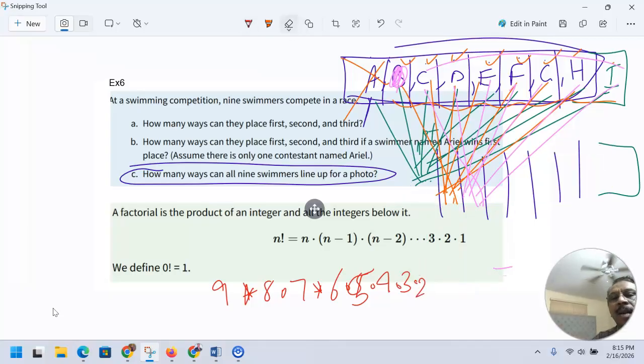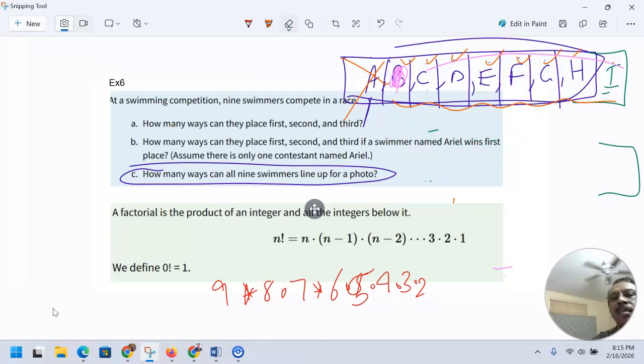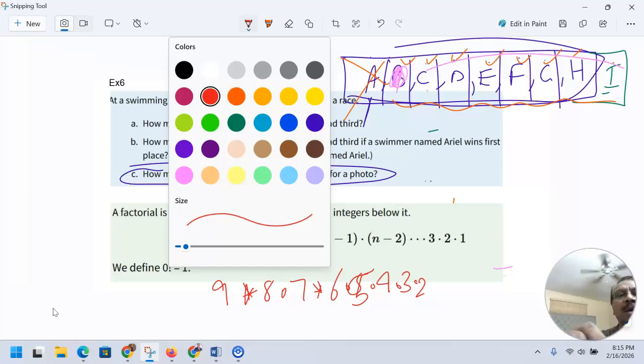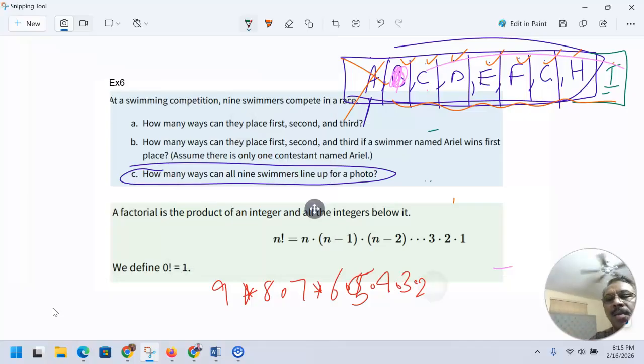So you multiply all this, and then multiply by 1, and your answer ends up being 362,880. So that's the answer.